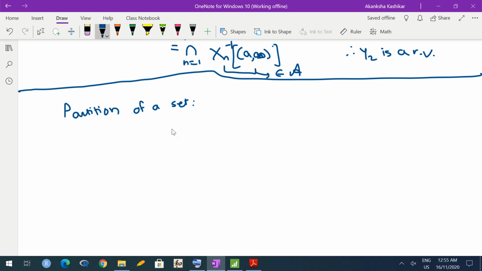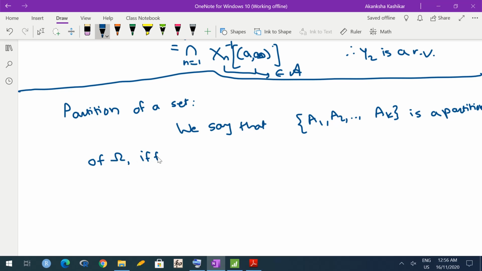Okay, so we say that A1, A2, ..., Ak is a partition of some set omega if and only if Ai intersection Aj is equal to phi for every i not equal to j, that is, the sets are mutually disjoint, pairwise disjoint, and actually they should be mutually disjoint also, not just pairwise.